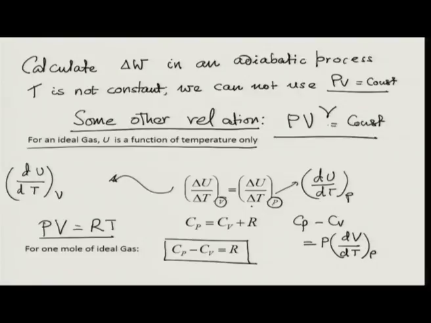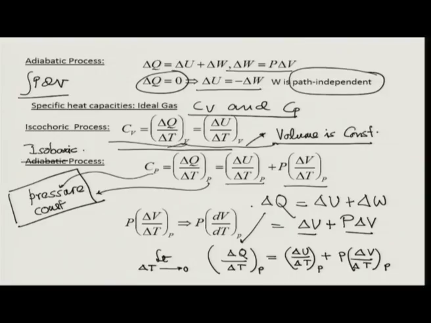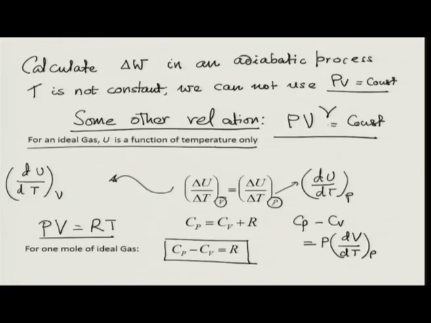In that case, in Cp minus Cv, this term cancels with this term, and all you are left with is this term. Using PV equal to RT, you simply get Cp minus Cv is equal to R. So, the first thing I have proved for you, with some basic arguments, is that Cp minus Cv is equal to R.